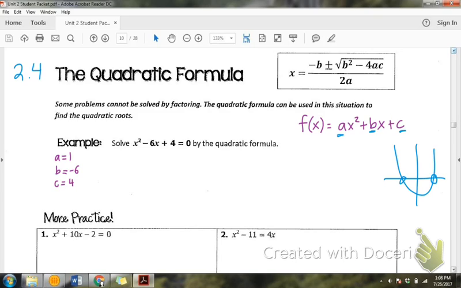I would like you to please write the formula down. I know it's written up there, but I need it right underneath our problem. X equals negative b plus or minus square root of b squared minus 4ac all over 2a.